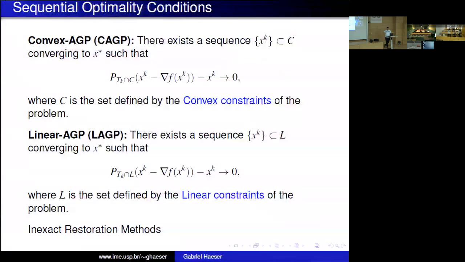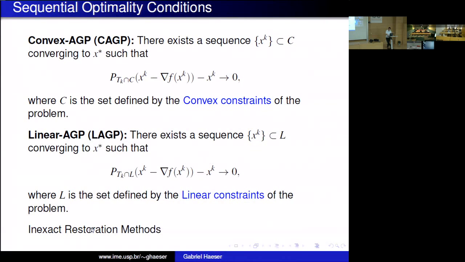You always have box constraints, so your variables are always between two values, with inequalities of the form l less or equal x less or equal u. So your iterates always belong to this box.